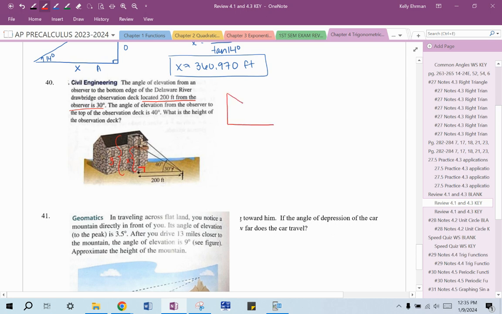So the smaller triangle to the bottom of the observation deck has a 30-degree angle here. We don't know this distance, and we know this is 200. So tangent of 30 degrees equals x over 200. So 200 times the tangent of 30 is equal to x. And I'm not going to type that in yet because I want to figure out my other dimension.